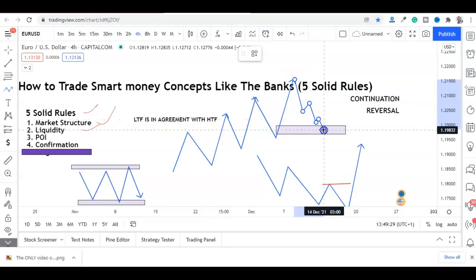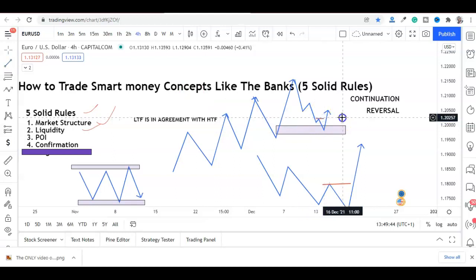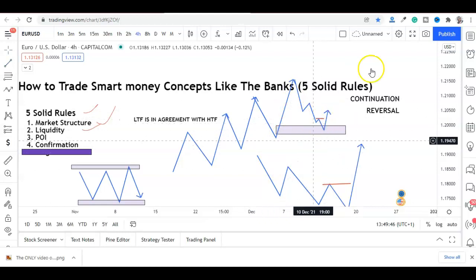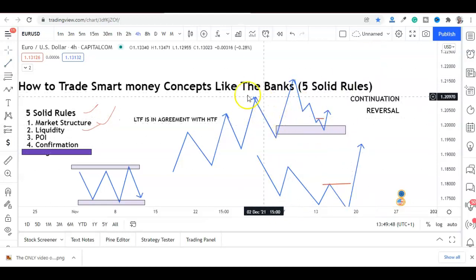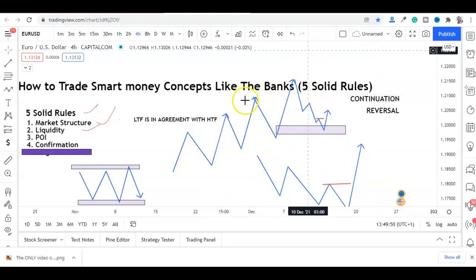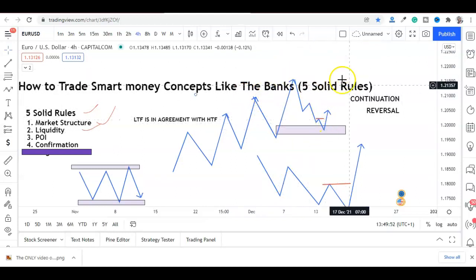Now in the lower time frame, you wait for a bullish break of what? Market structure. When you confirm a bullish break of market structure in the lower time frame, you now understand that both the higher time frame and the lower time frame are what? Are bullish. There was a break in the higher time frame, bullish, lower time frame, bullish.